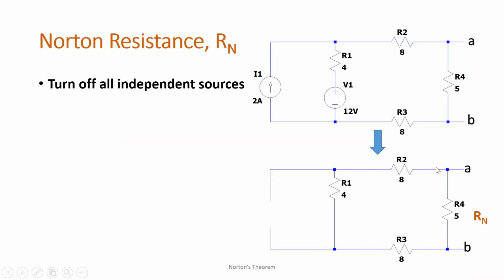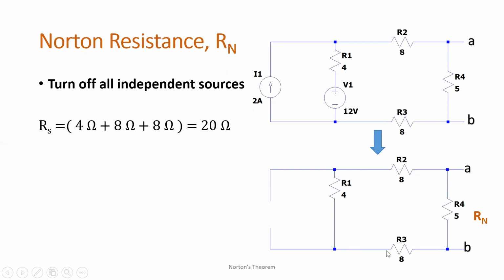The equivalent circuit right now is 8 ohms in series with 4 ohms in series with 8 ohms, because this branch is open, so it's as if it does not exist. So 8 plus 4 plus 8 is 20 ohms.